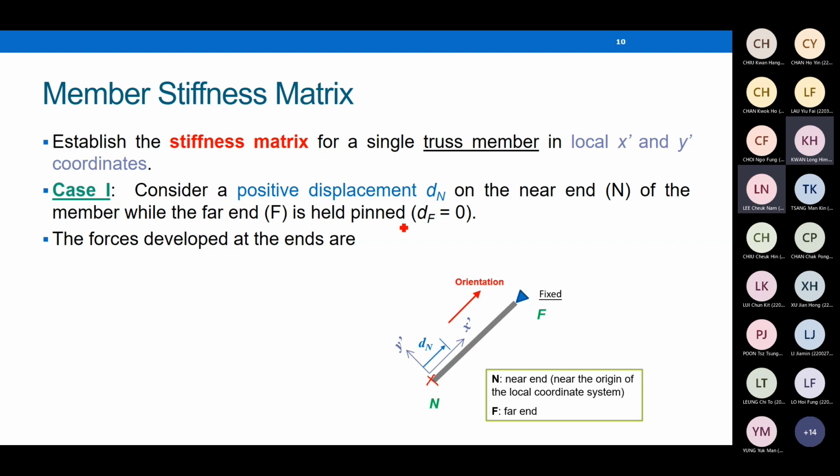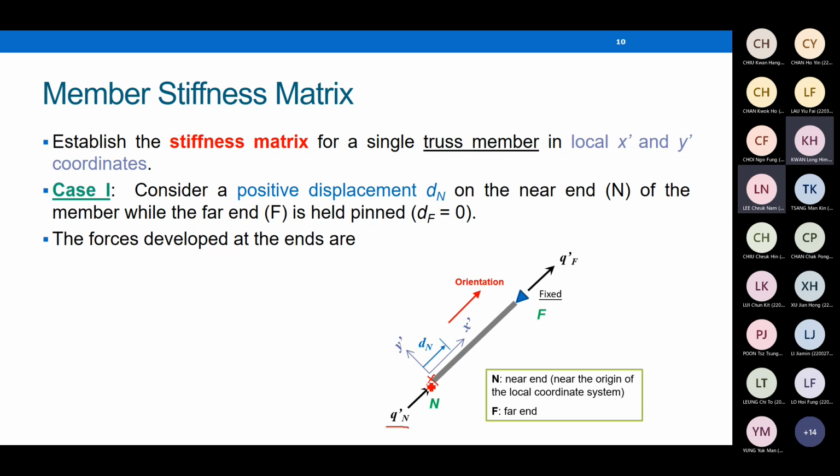A truss is an axially loaded member. To make things general, I assume that we have two forces. One is Q prime N, which is the force applied at node N. Here you can see that we try to describe the force and displacement at the nodes only.